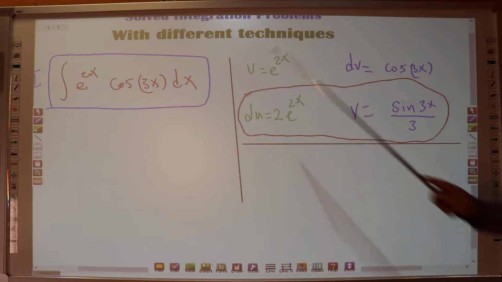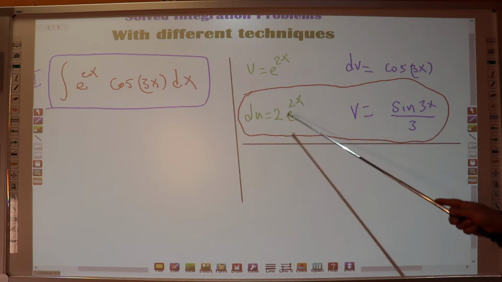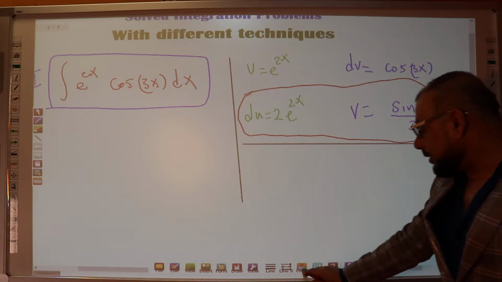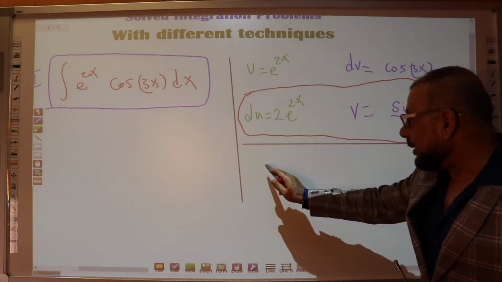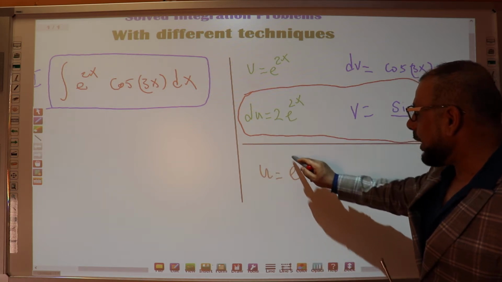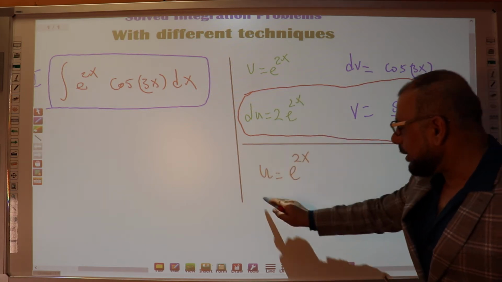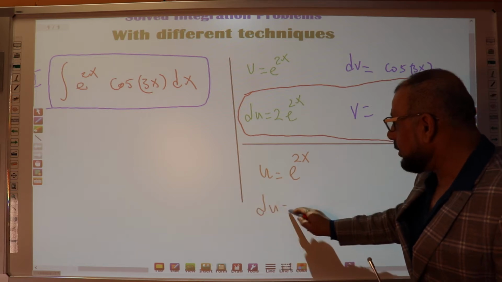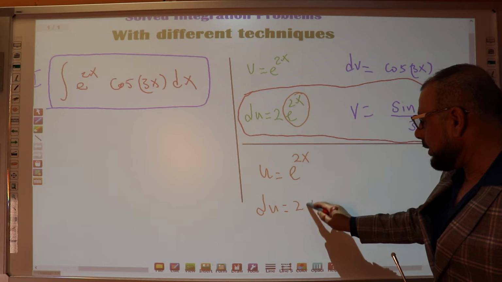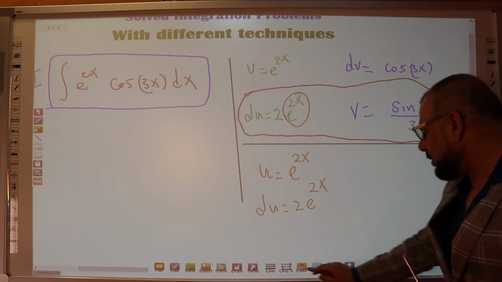You go to the second step here, leave the constant, don't touch the constant. Now u equals e to the 2x, du, because I have 2x here, 2 e to the 2x.